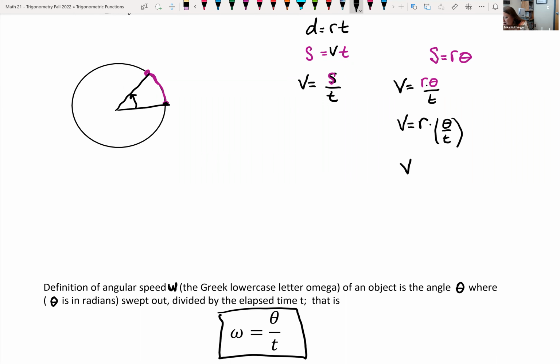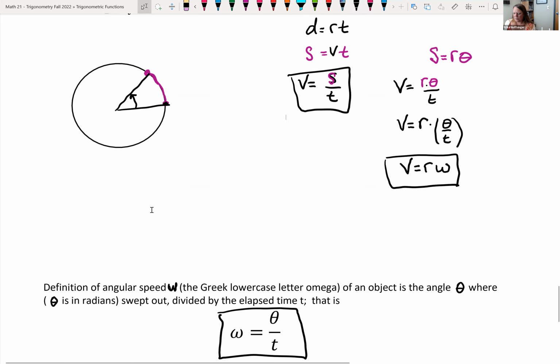So our linear speed could be found, if we know what our angular speed is, by looking at our radius times the angular speed. If you don't want to remember that, we could just remember that our linear speed is s divided by t and go about that direction.